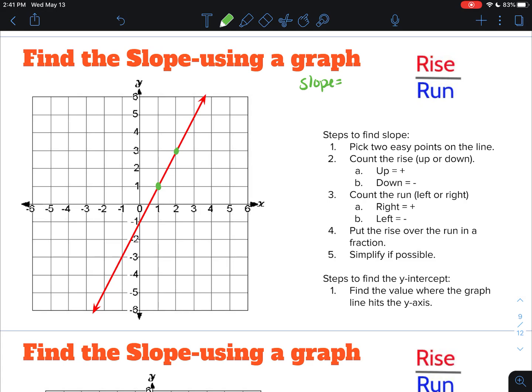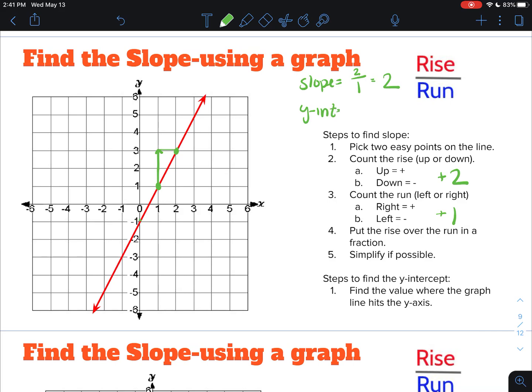Not perfect, but close enough. Okay, so rise over run. So it's going to go 1, 2, up 2. So that's positive 2. And then it goes to the right 1. So positive 1. So the slope is 2 over 1. And I'm hoping you know that simplifies to 2. So your slope is 2.